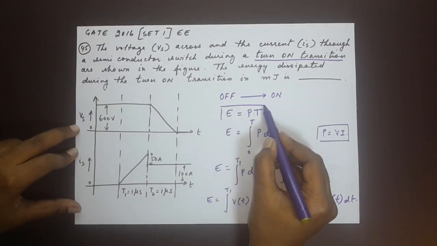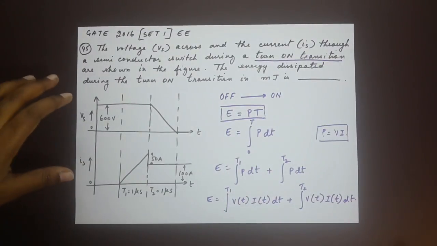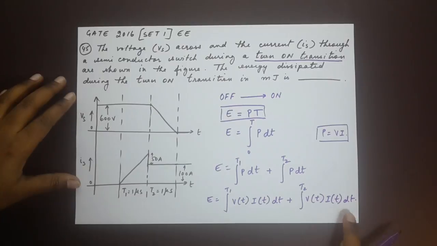So these are the basics. We always take the basics and we build on it based on the situation given to us. So here we have our energy equation. We have time period T1 of 1 microsecond and the time period T2 again of 1 microsecond.